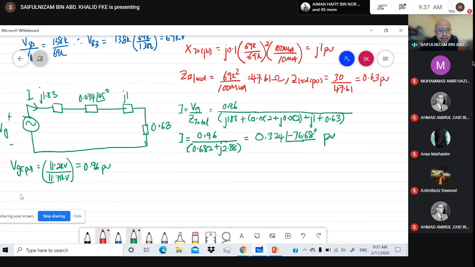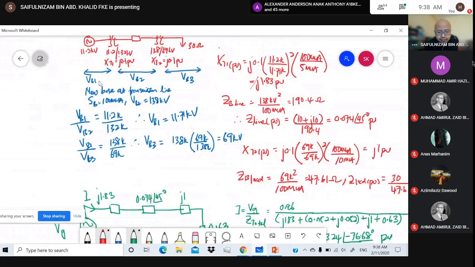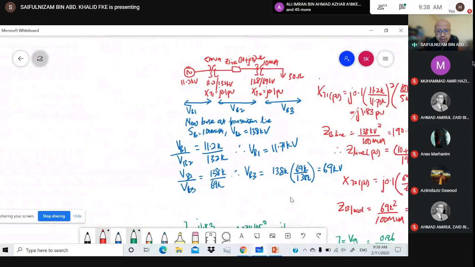As I said, the current flowing through each element will be the same in per unit. However, the actual current will be different because of the different base current. So what is the base current here, for example?